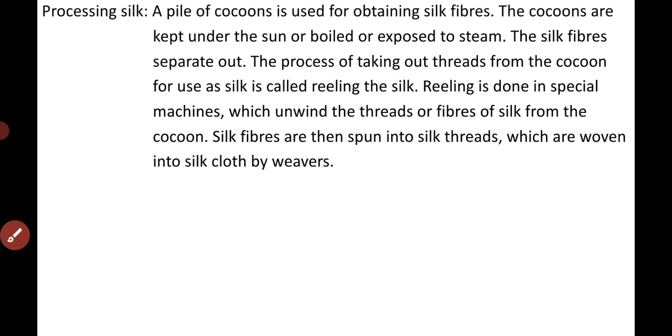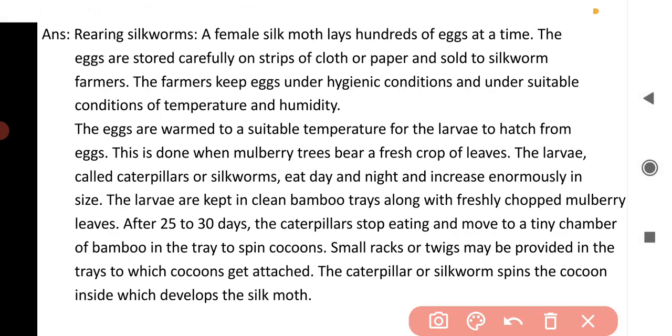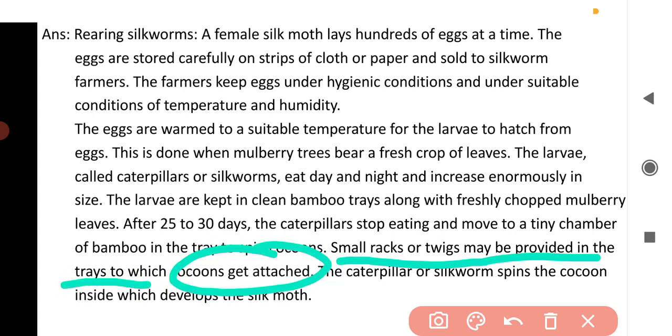The next step is processing of silk. The pile of cocoons is used for obtaining silk fibers. Small racks or twigs are provided in the trays to which cocoons get attached.